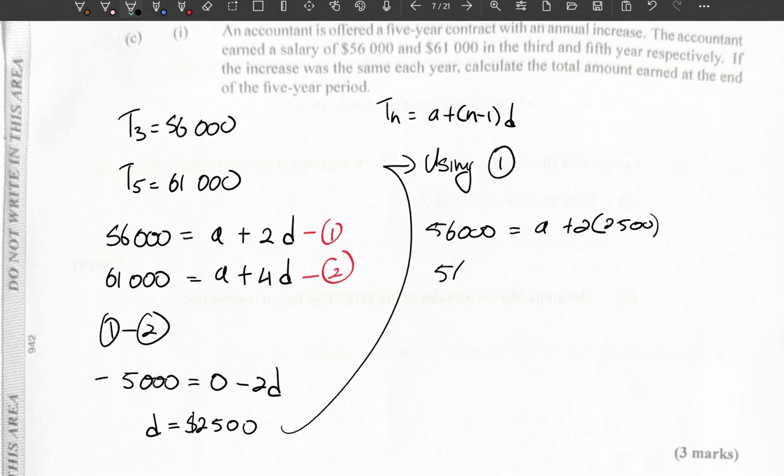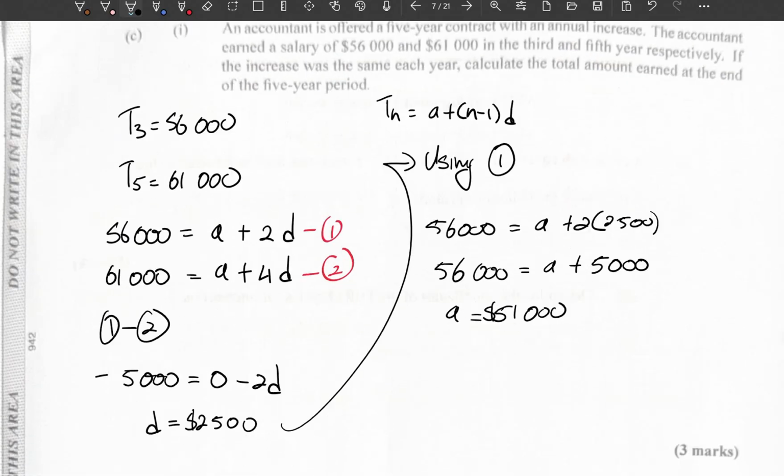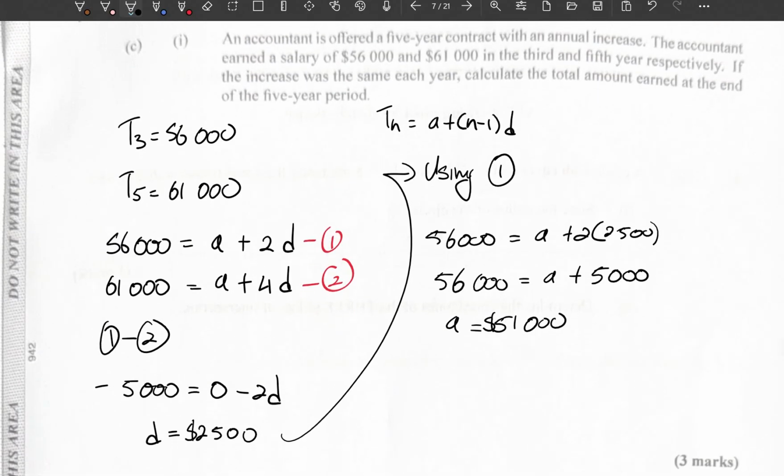Right, so 56,000 is equal to A plus 5,000. Therefore, A would be equal to 56,000 minus 5,000. That's going to be $51,000. Right, so we know what A is, we know what d is, and they want us to calculate the total amount earned at the end of the 5-year period.